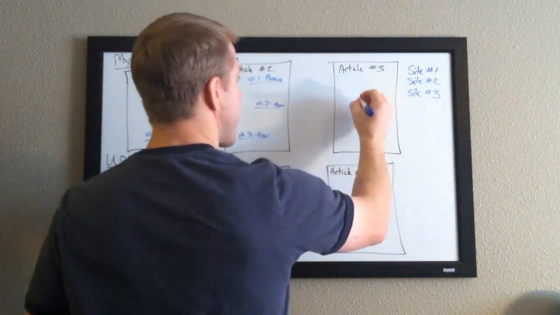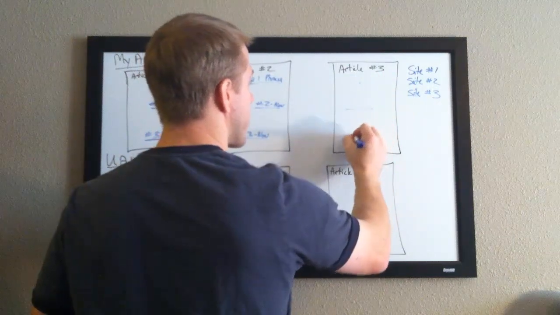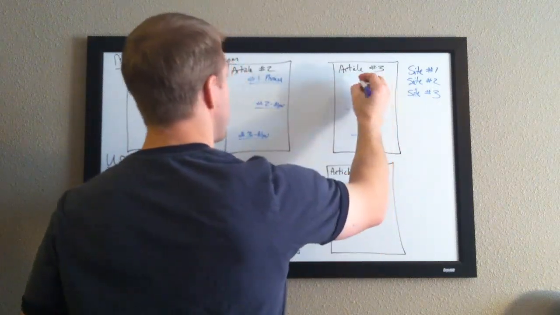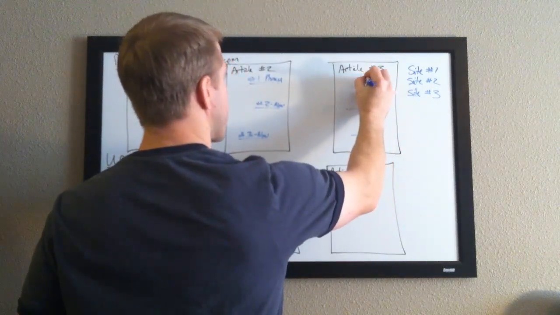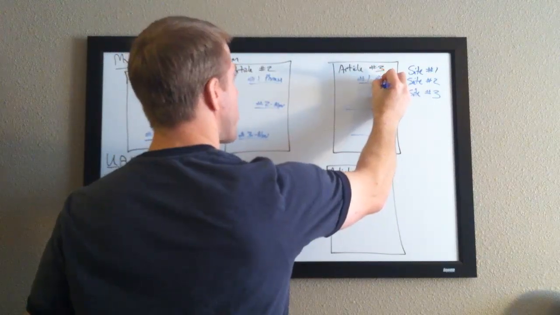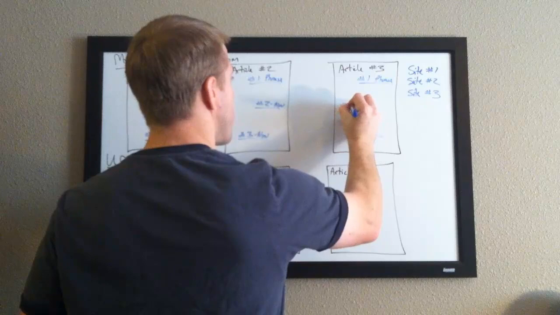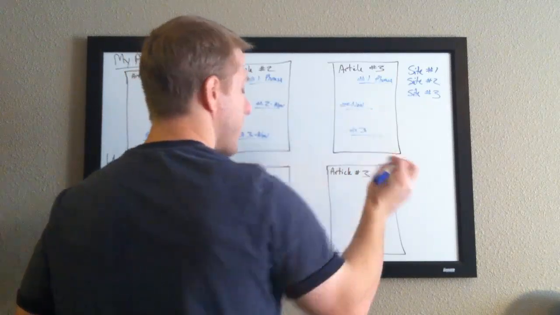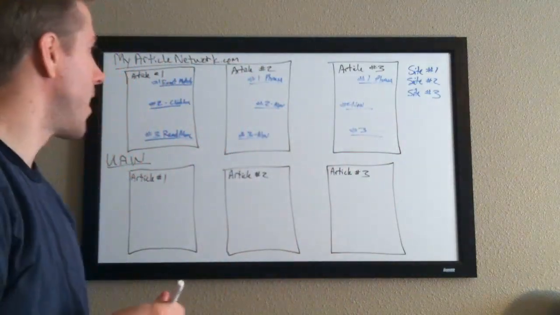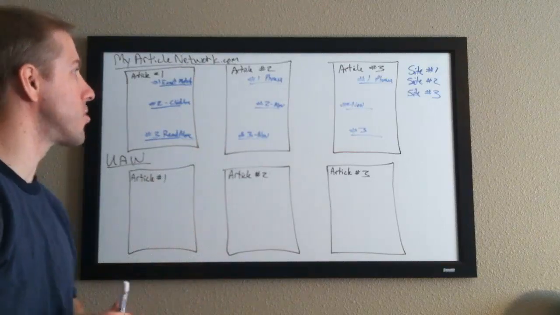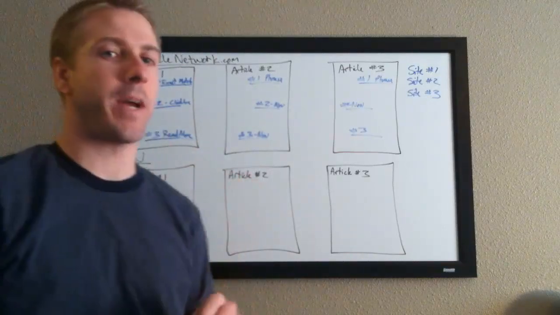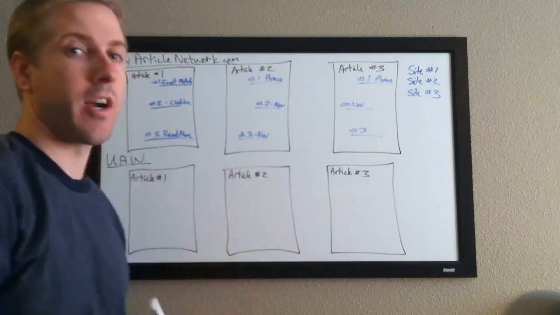And the exact same thing occurs in article number 3. So I link to number 1 with a phrase match, then site number 2, number 3. My pen's dying here, but hopefully you see the point. So I'm only using 1 exact match anchor text out of those 3 articles.